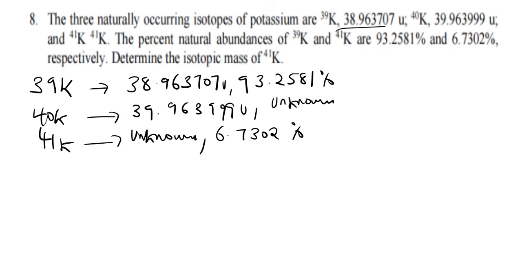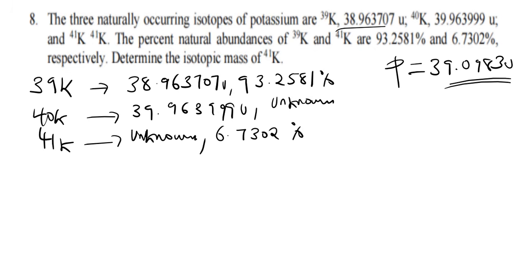So this data, when it's written nicely, is going to help us know what we're supposed to do. Now, what is the rule? The weighted average atomic mass of potassium must always be equal to the periodic table value. Potassium on the periodic table is around 39.0983 units.